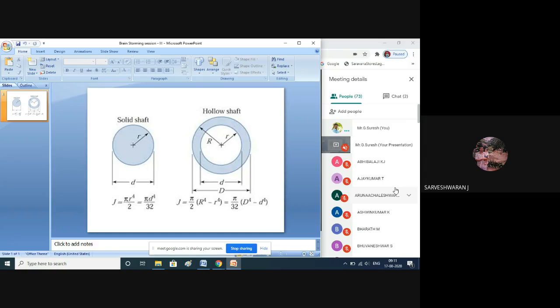Yes, sir, it can carry. You shouldn't say weight, Sarveshwaran. We consider the twisting moment or torque it can transmit, right? It carries more load when compared to the solid shaft. Okay, then how do you explain the solid shaft? Which one will have the highest weight?